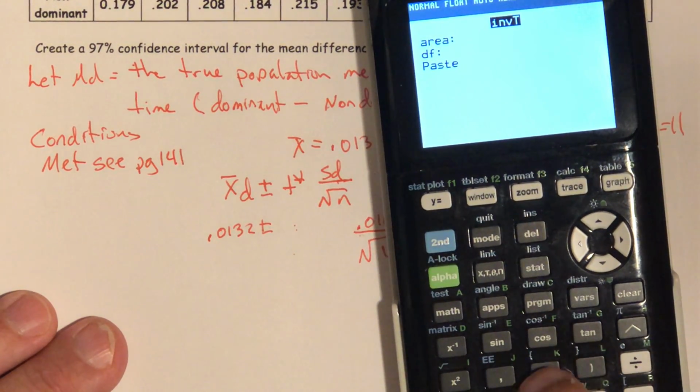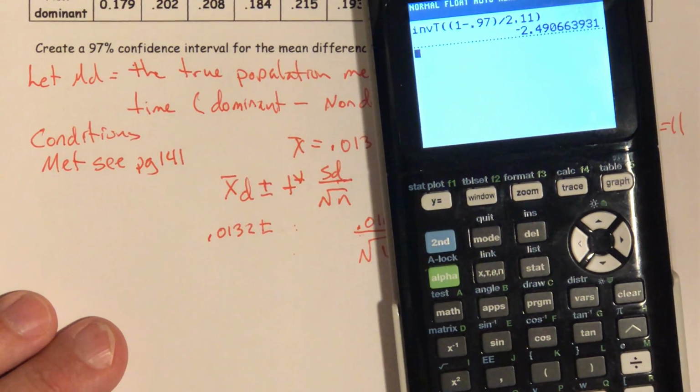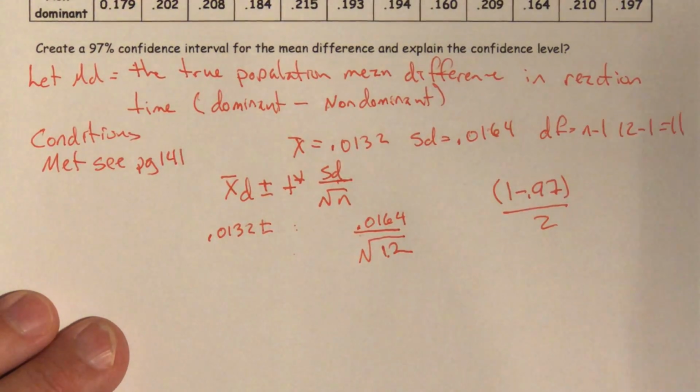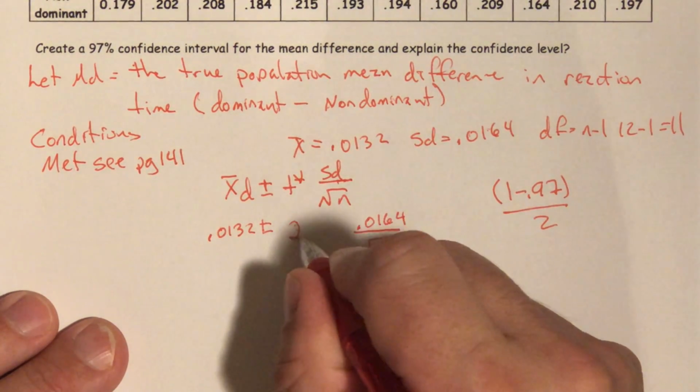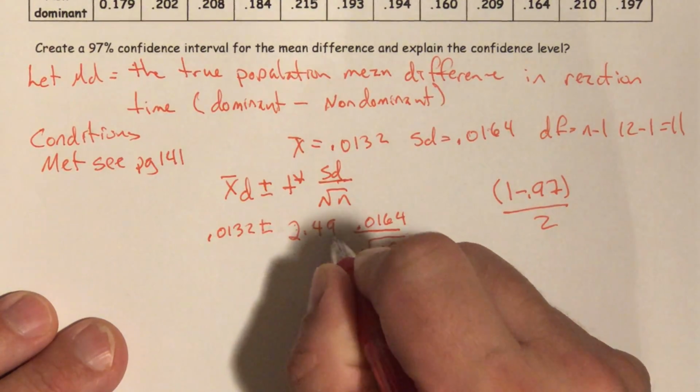The area is parenthesis 1 minus 0.97, close parenthesis, divided by 2, and our degrees of freedom are 11, or 12 minus 1. So we find a t star of 2.49.